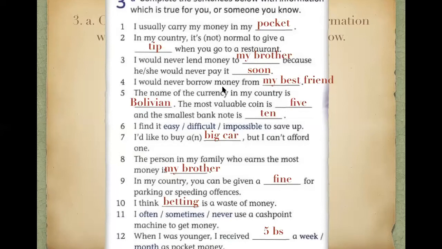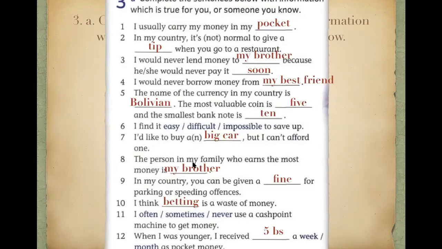I would never borrow money from my best friend because sometimes when you don't pay back the money, he's going to be angry with you. So for that reason, it's better not to borrow money. The name of the currency in my country is Bolivian. The most valuable coin is 5. Smallest banknote is 10. I find easy to save up. I would like to buy a big car, I can't afford one.